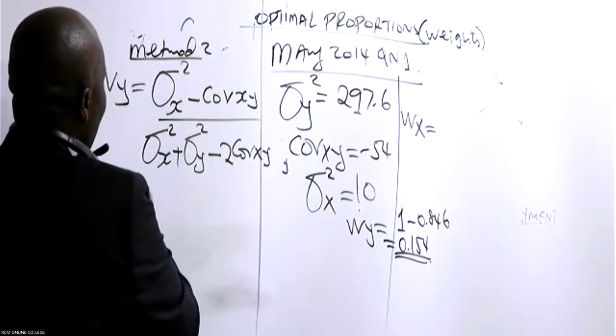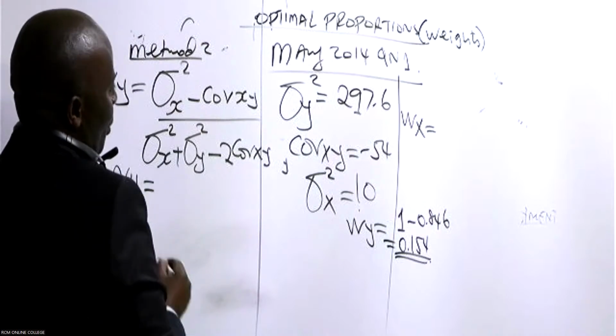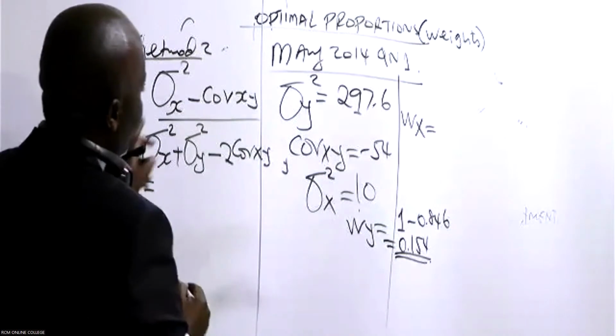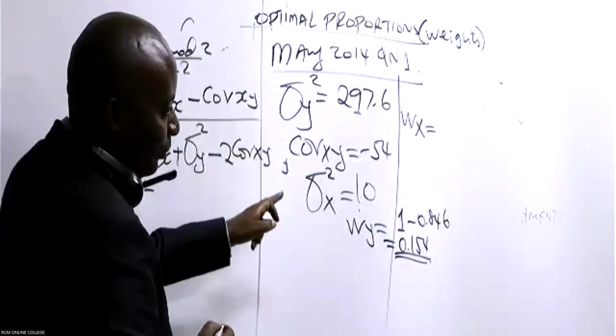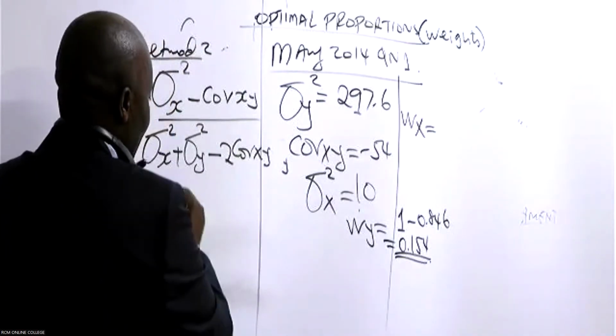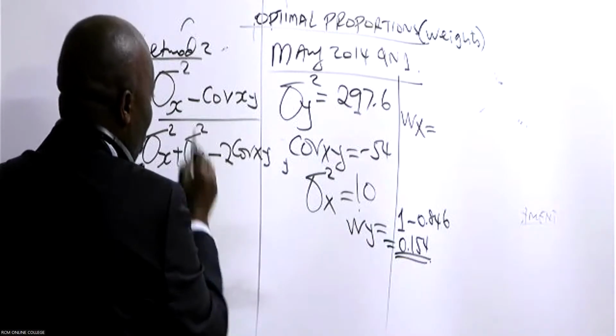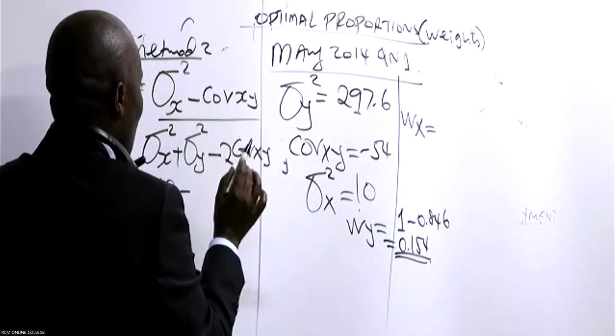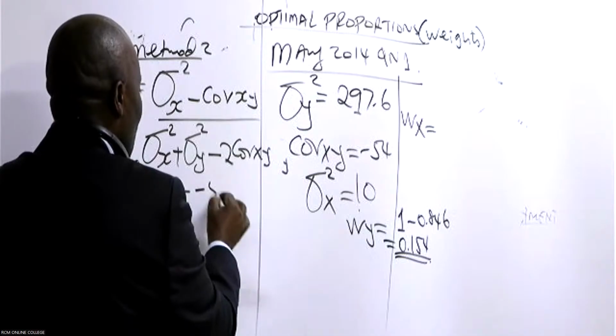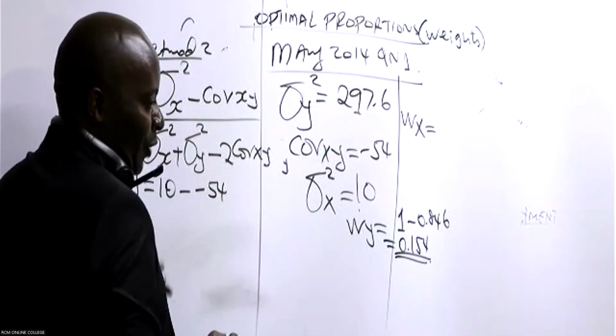So then WY will be equal to, please listen, variance of X, which is given, it is 10, minus covariance of XY, and that covariance happens to be negative 54.